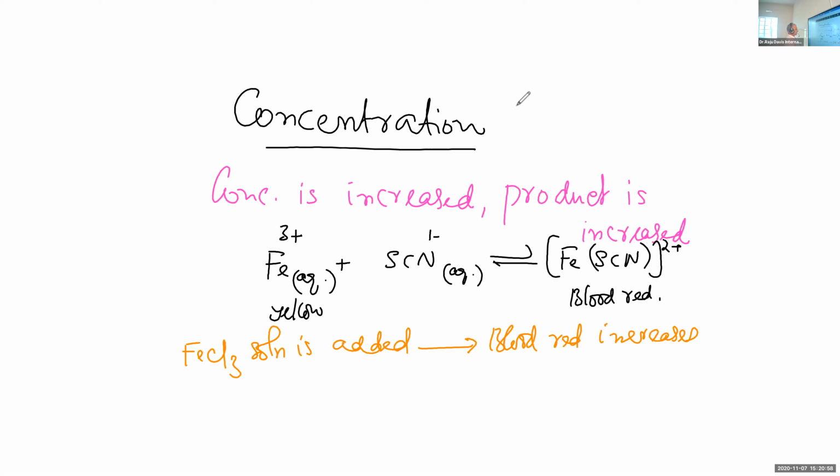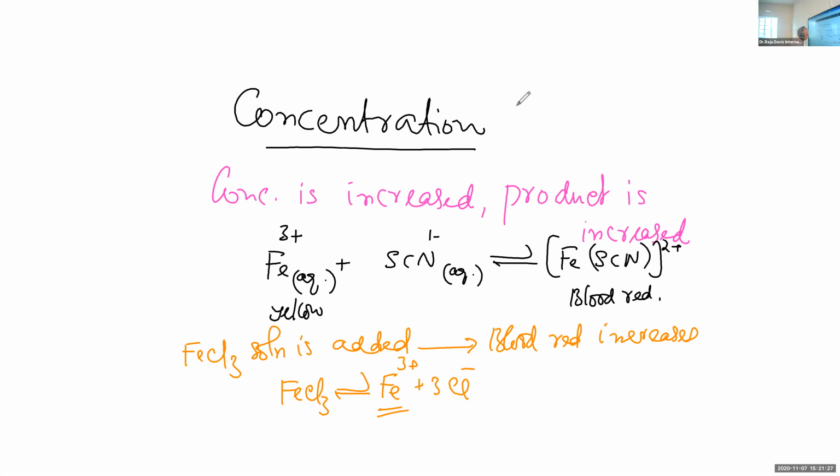Why is it so? The reason is this. When ferric chloride is added, ferric chloride ionizes, giving Fe+3 ion and chloride ion. So when ferric chloride solution is added, more Fe+3 ions are added.